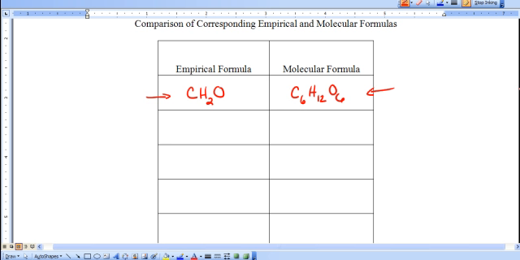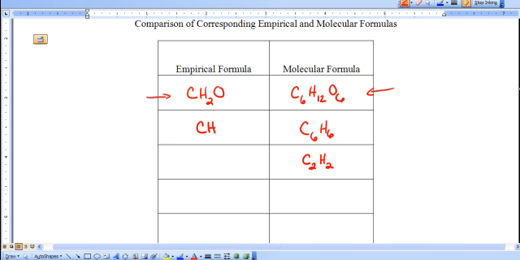This is the actual formula for that compound. Now, if we give you another one, let's go with what's called benzene. Benzene is C6H6. It's a liquid. It's sometimes used as a solvent. But anyway, if you divide through both by 6, it has an empirical formula of CH. Now, if you take a look at what's called acetylene, acetylene has a formula of C2H2.